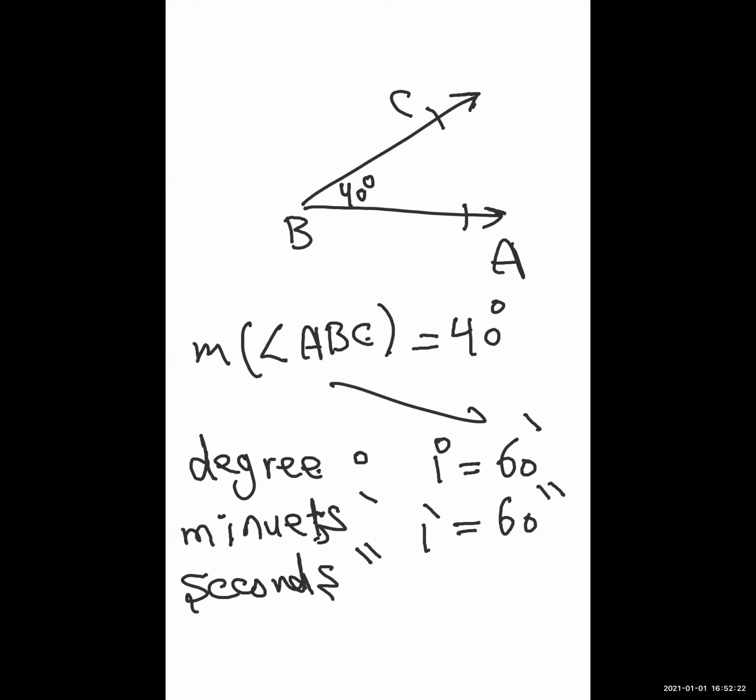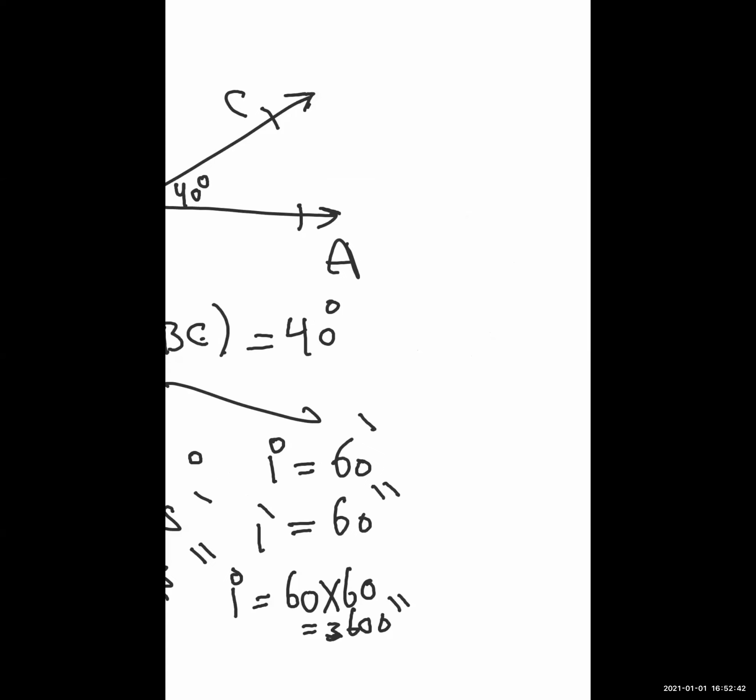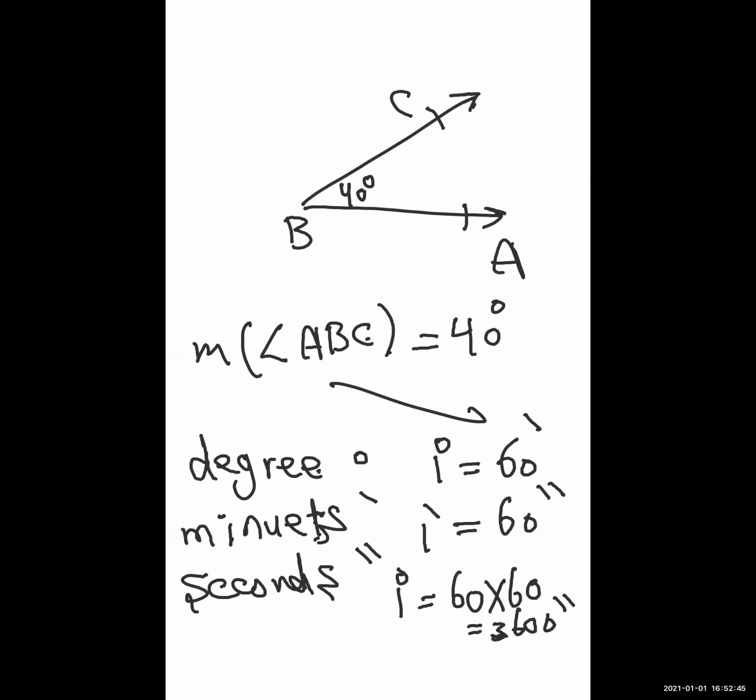So simply, if I want to get the number of seconds in 1 degree, 1 degree equals 60 times 60, which equals 3,600 seconds. So again, there is the degree, then the minutes, then the seconds. 1 degree equals 60 minutes, and 1 minute equals 60 seconds.